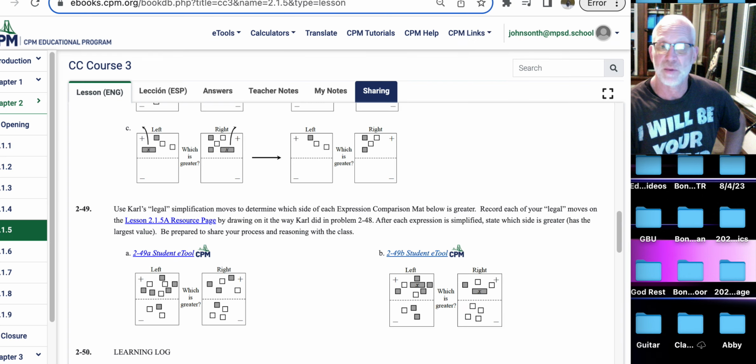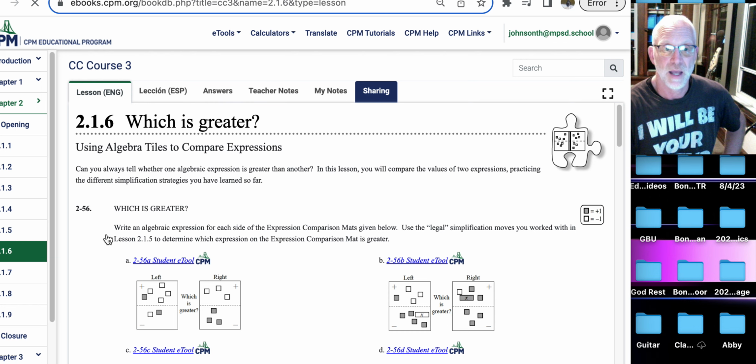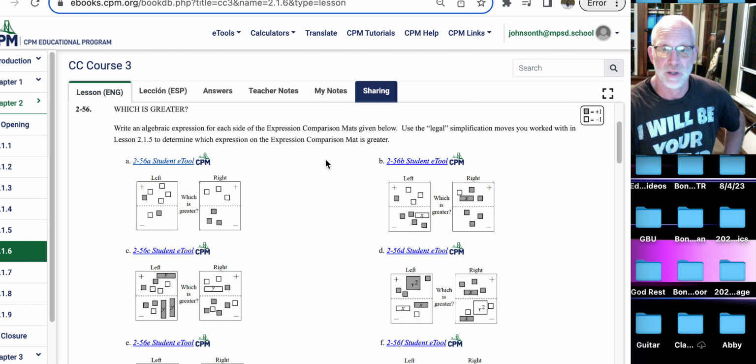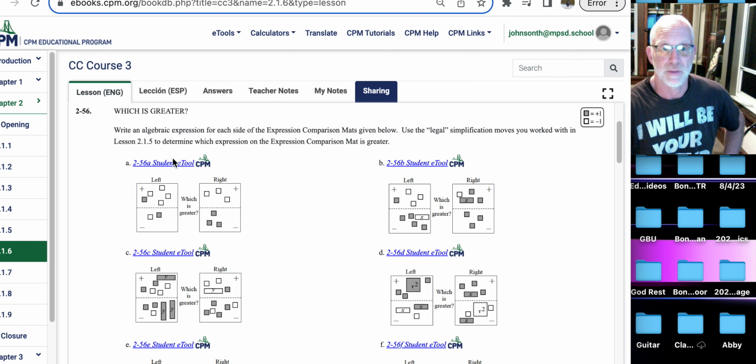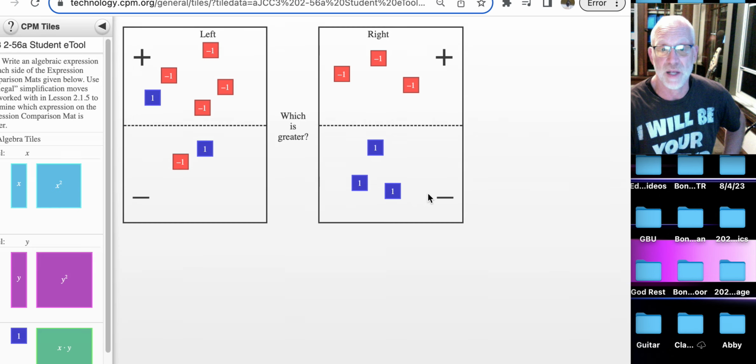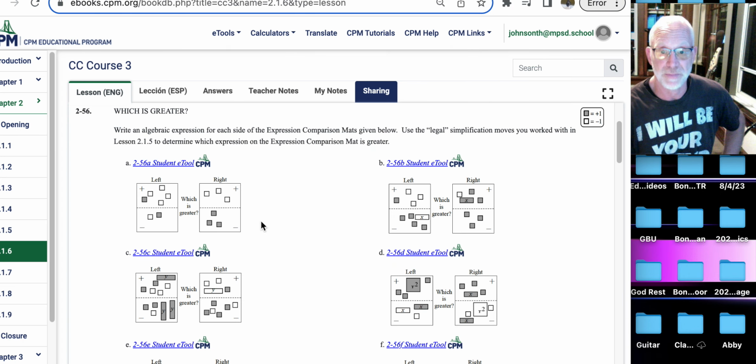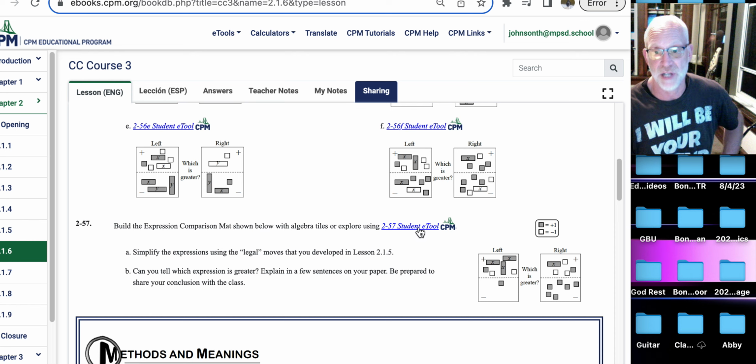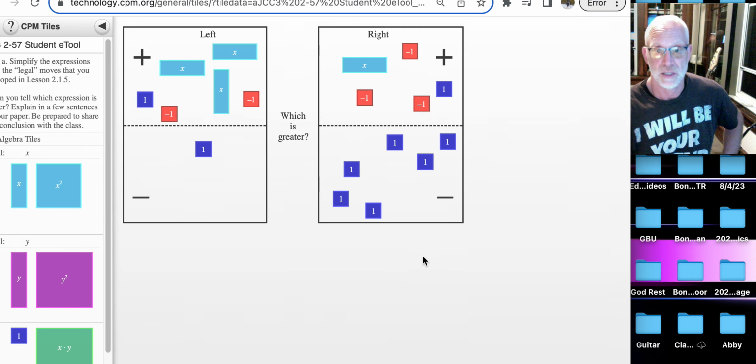Let's look at the problems. I'll go into 2.1.6, and it's 56. This one, this one, this one, this one, this one, and this one. The cool thing is they all have eTools on them, so you can go ahead and figure those out. Send me a screenshot for each one. And then the last screenshot is right down here. Simplify this one.